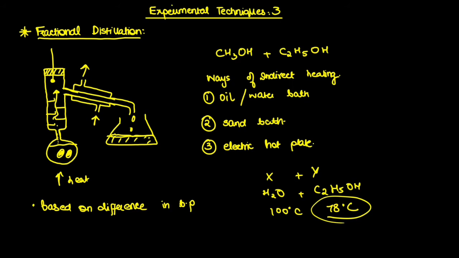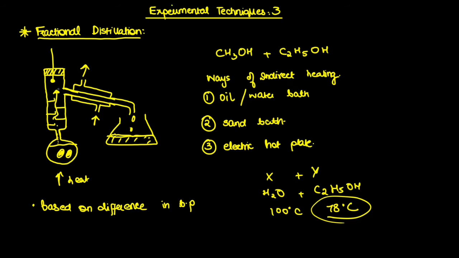Alright. Now I'll be also mentioning the purpose of fractionating column in a bit, but you need to understand the process first. So what happens is that these ethanol vapors escape, and the temperature of the fractionating column remains at 78 degrees Celsius until and unless whole of the ethanol has evaporated.